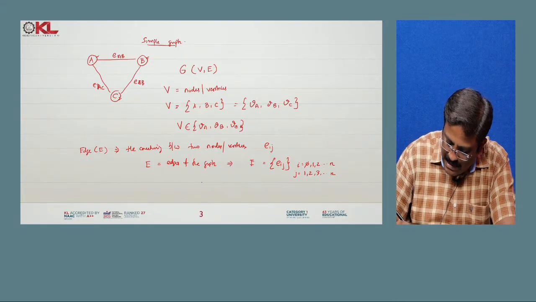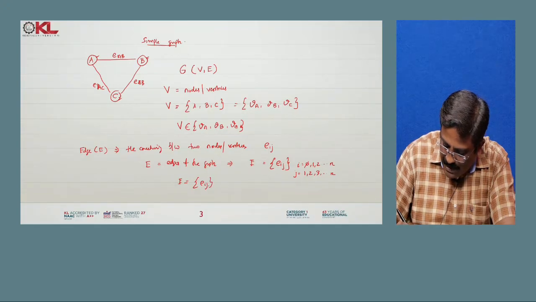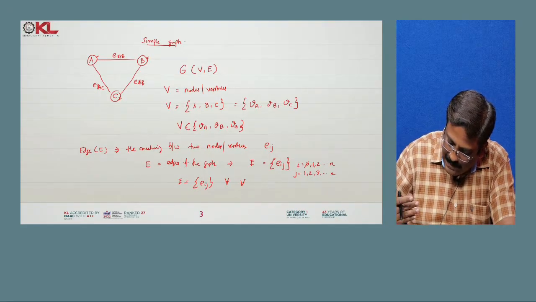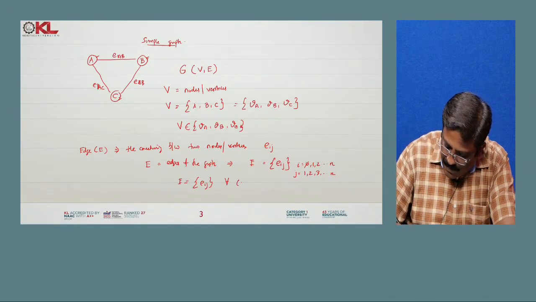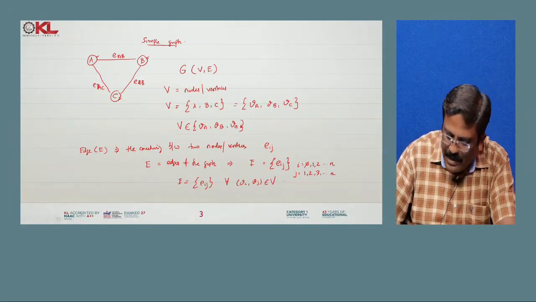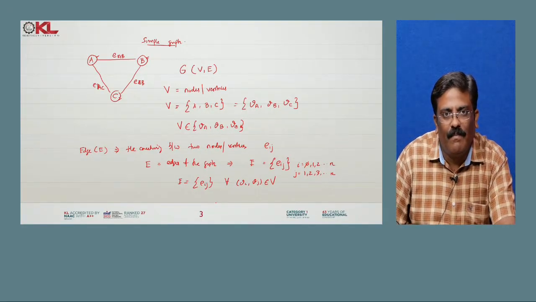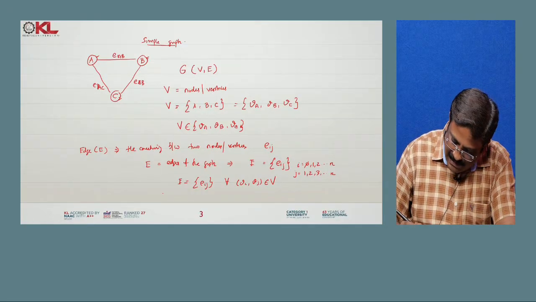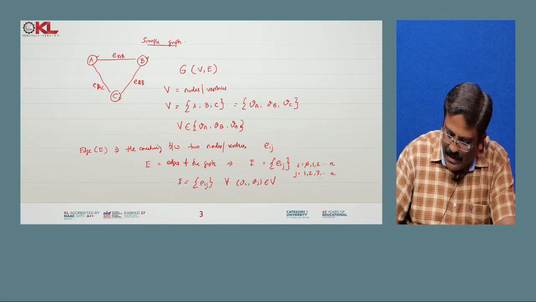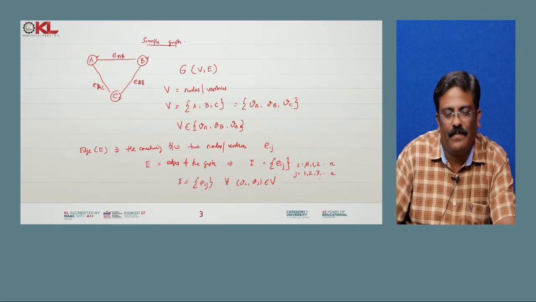So E can also be written as Eij for all vertices Vi, Vj belonging to capital V. This is the way we can represent the edges.